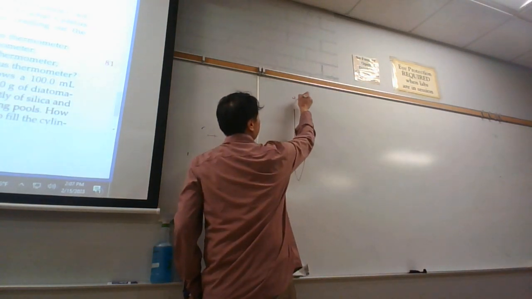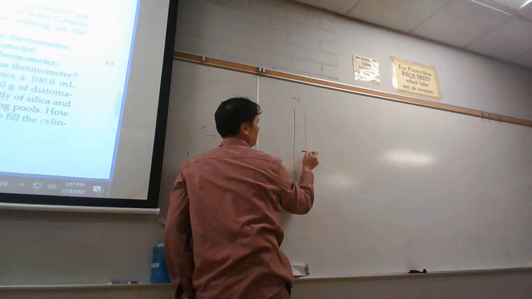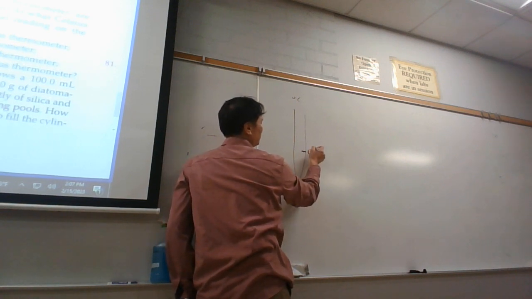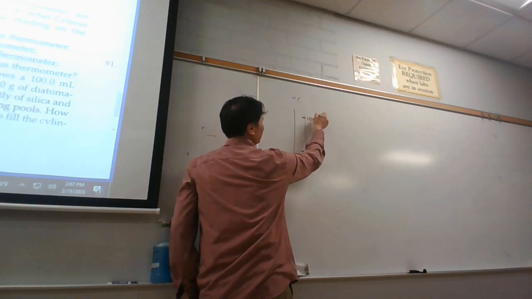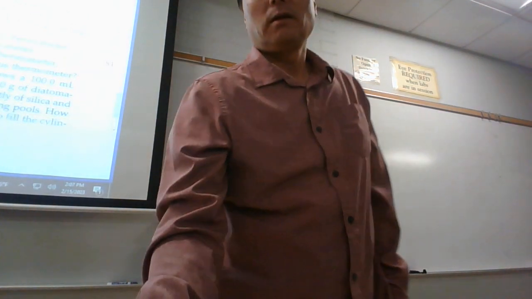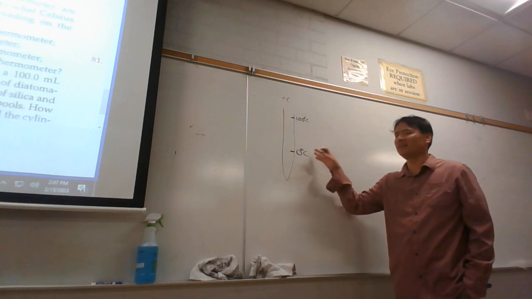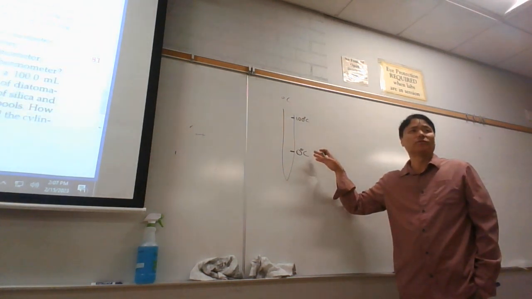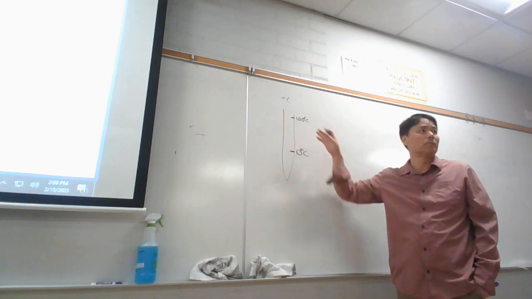So if we have a Celsius thermometer, the two temperatures of 0 degrees C and 100 degrees C. Zero degrees C is the freezing point of water, and 100 degrees C should be the boiling point of water.